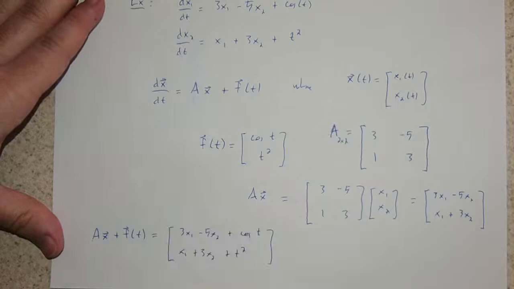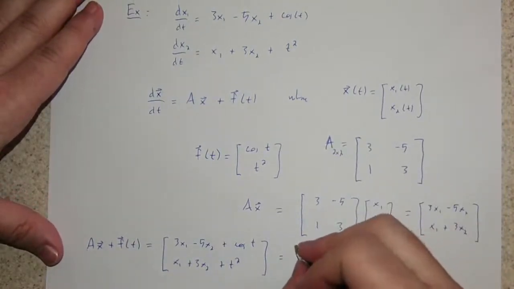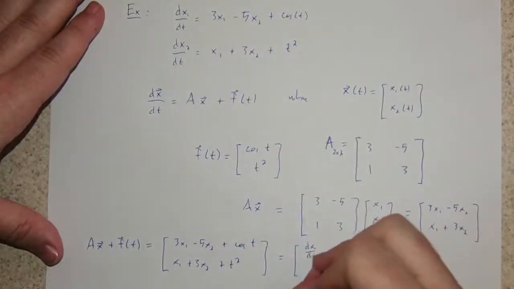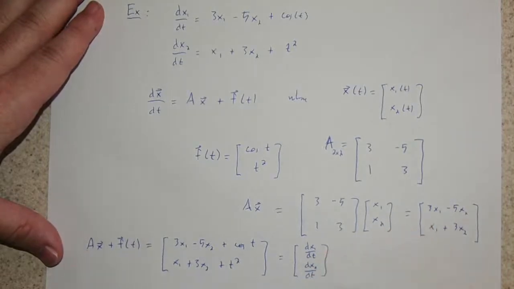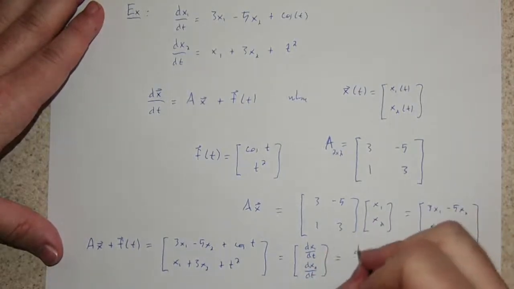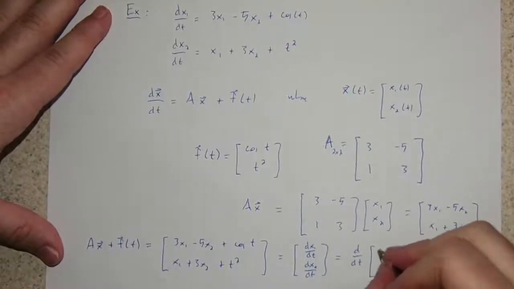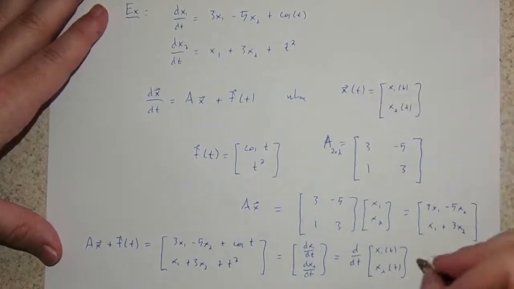But then the system of equations I started with is really a vector dx1 of t, dx2 of t. Oh, but really this is just the derivative of the vector x1 of t, x2 of t, but that's my solution vector x.